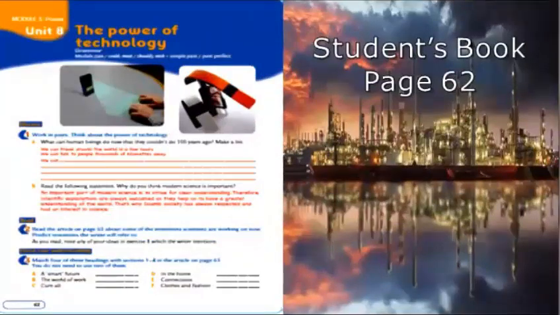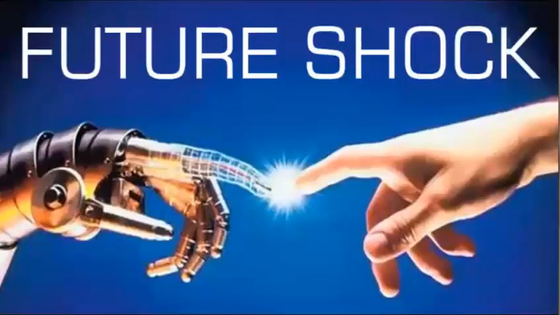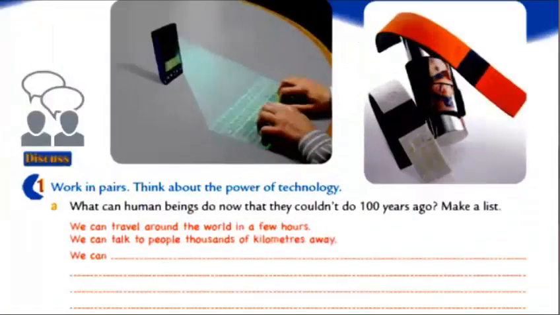Okay. Now open your book, page 62. Let's go directly to your student book, page 62. We are talking about an article called Future Shock. Future Shock is about modern technology that we have now and our grandparents didn't have in the past.